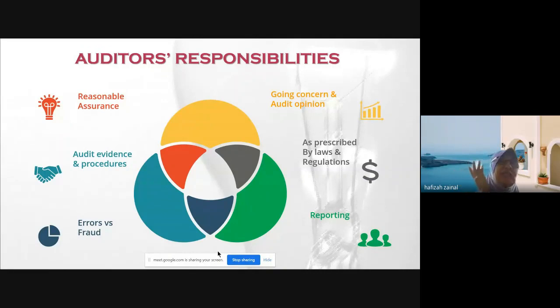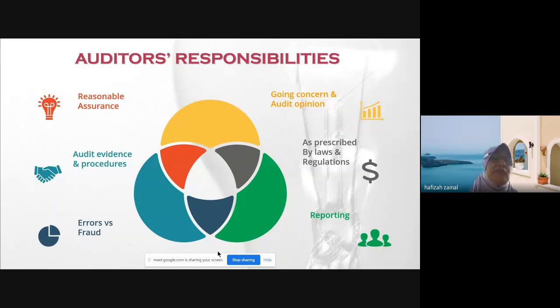So it is based on audit objective. You have to know. Basically memorize audit objective, audit procedure, and audit evidence, because a question would say, for instance, given this audit objective, what will be the relevant audit procedure and what will be the relevant audit evidence, in order to ensure that we achieve our audit objective. So that's why audit objective is crucial.